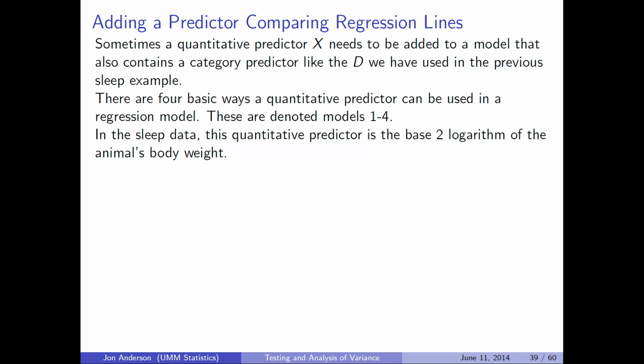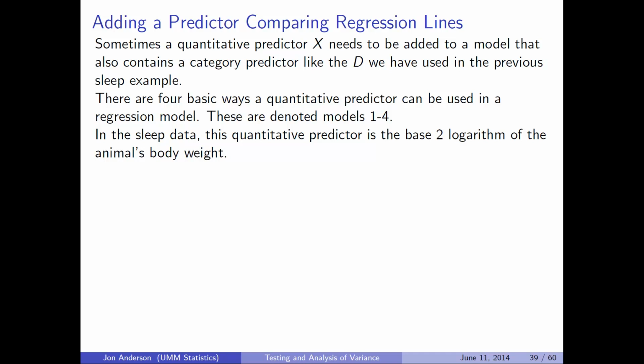What we're going to do now is look at a special case when we have a category factor and also a continuous regressor. We're going to think about one category predictor, and we're going to think about one quantitative predictor X, and we are going to consider the different ways that you can have models with continuous and factor variables.